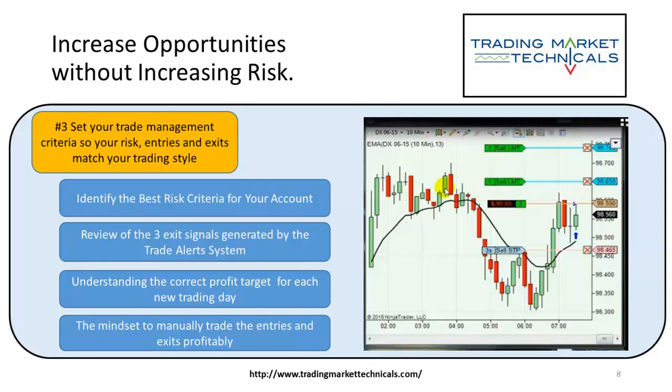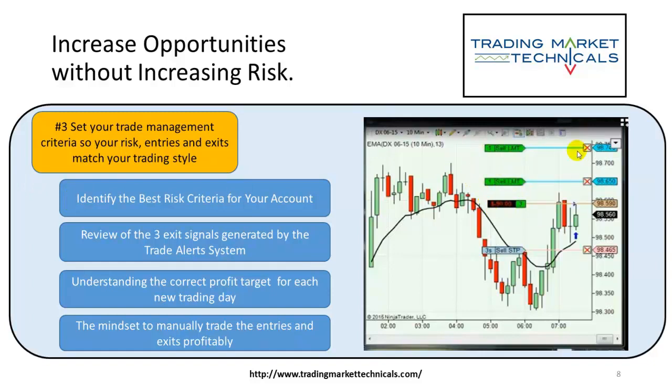But basically, right here we talk about setting your trade management criteria so your risk, entries and exits match your trading style. What we do first is decide if there's a trending day versus a range-bound day. On trending days, we will set up the proprietary software to have multiple levels of take profit.